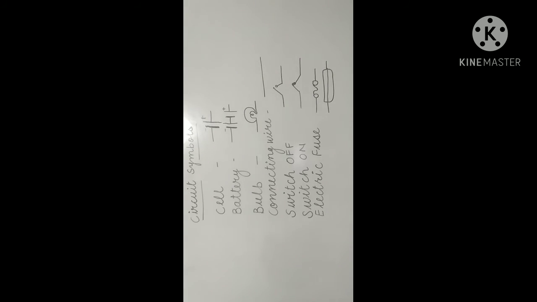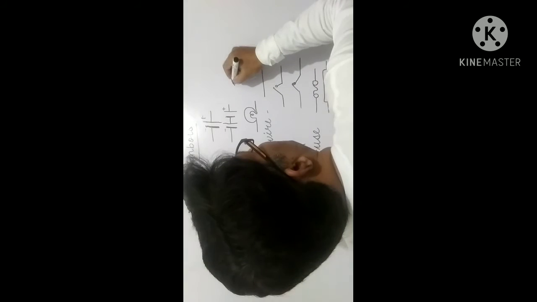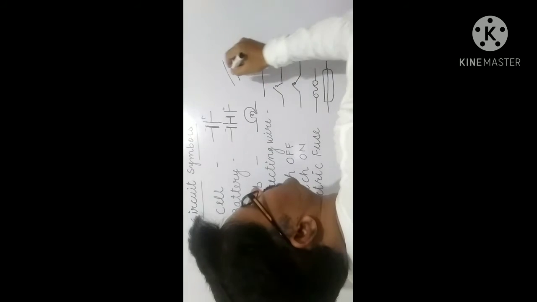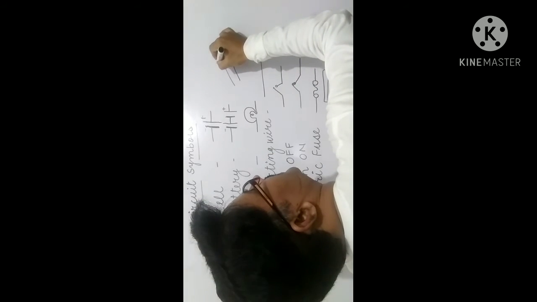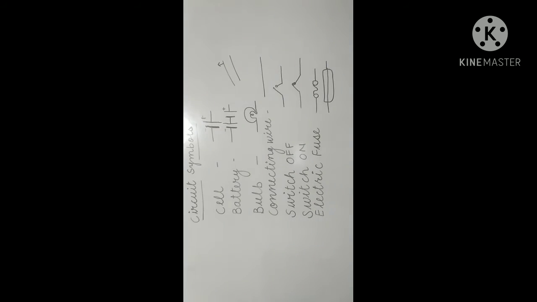Electric fuse is a thin wire of an alloy having a low melting point. A fuse is always connected in the live wire. There are two wires. One is the current wire and the second is the neutral wire. The current wire is known as the live wire, and the fuse should be attached to the live wire.